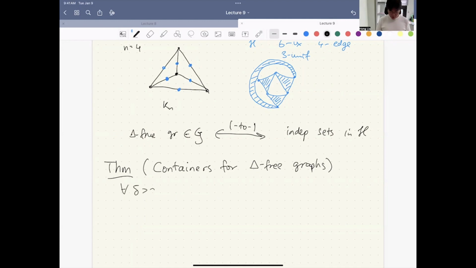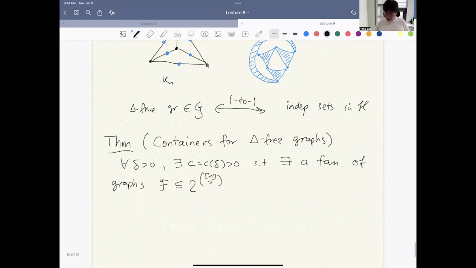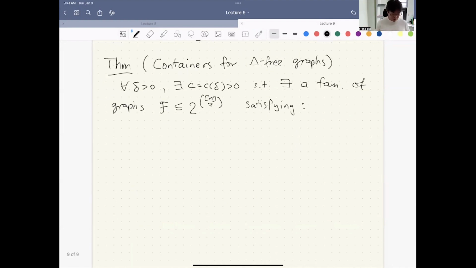So for every delta bigger than 0, there exists a C depending only on delta, such that there exists a family of containers, a family of graphs, F. A family of graphs is a subset of 2 to the n choose 2, satisfying: each triangle-free graph is contained in one of these graph containers. So there exists a container F in script F such that it contains this triangle-free graph G.